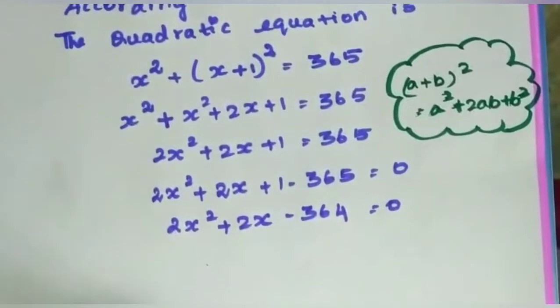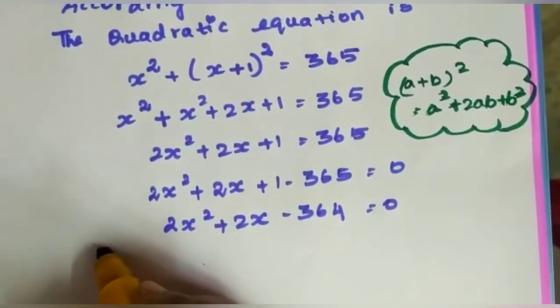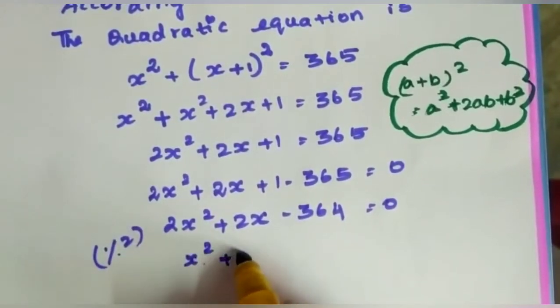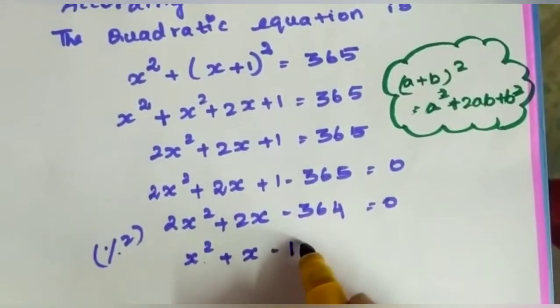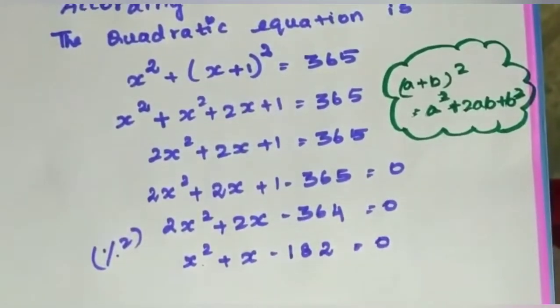All the numbers are divisible by 2, so I am going to divide by 2. We get x square plus x minus 182 is equal to 0.